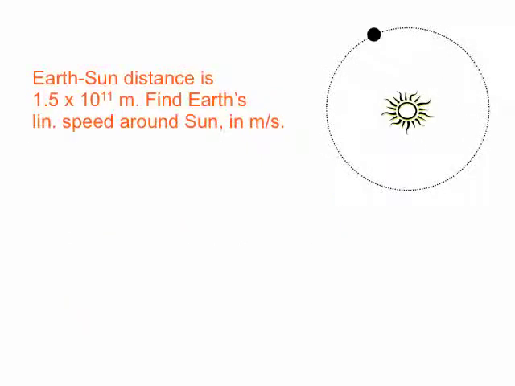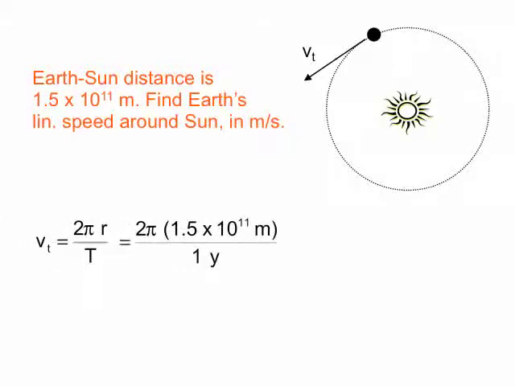So let's try this with our Earth and Sun. The distance between the Earth and the Sun is 1.5 times 10 to the 11 meters. Let's find the linear speed around the Sun in meters per second. That means we need tangential velocity. In this case, tangential velocity is 2 pi r over the period. Well, what's the period?